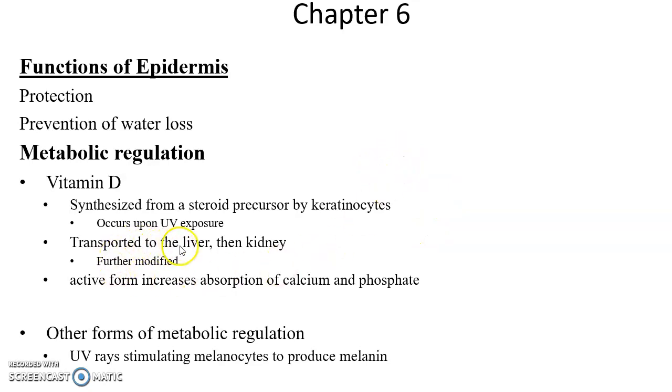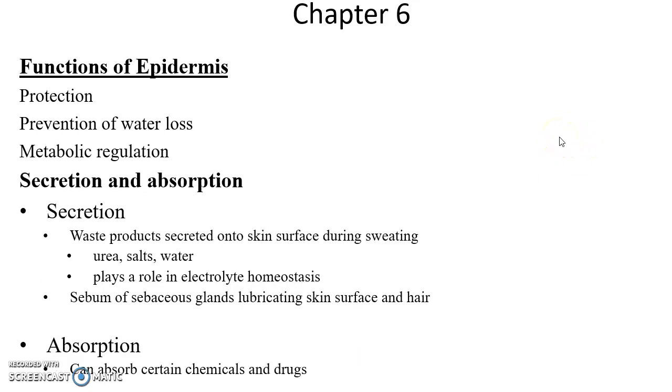It's transported to the liver, finally to the kidneys, where it's being processed and modified, and eventually is the active form of vitamin D. And the job of vitamin D, it turns out, is to increase absorption of calcium and phosphate by the digestive system. And of course, UV rays also stimulate melanocytes to produce melanin.